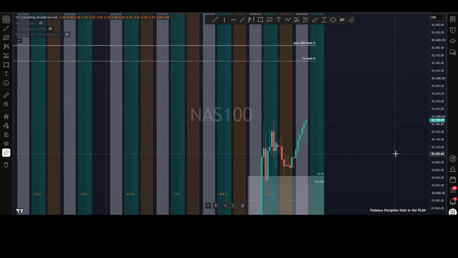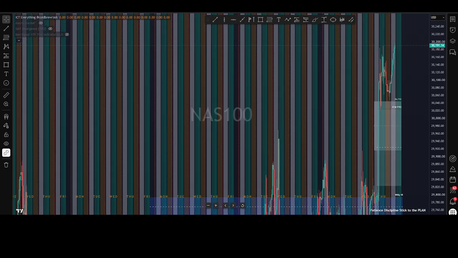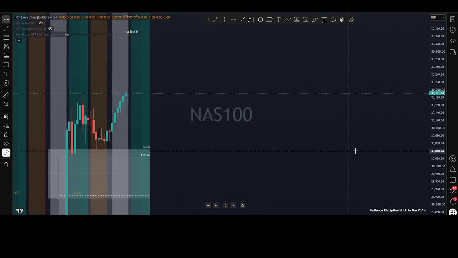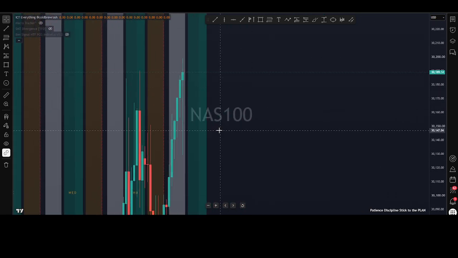So the only thing I would worry about here now from a top-down analysis viewpoint is session highs and lows. Now, because this is a blank chart, it's not marked on here, but this was my target for the London trade this morning, which was marked on the other chart, I should say.